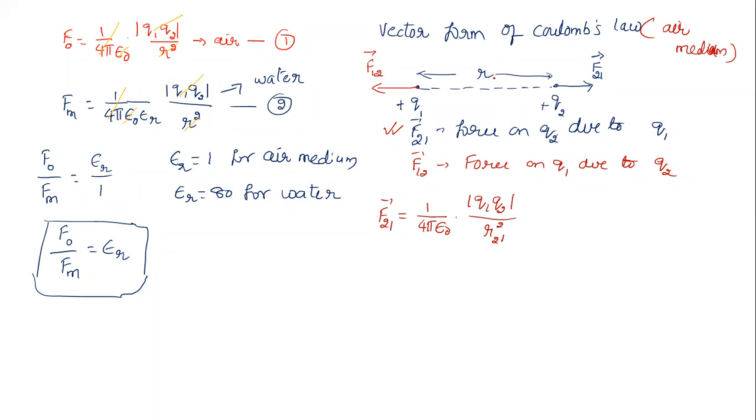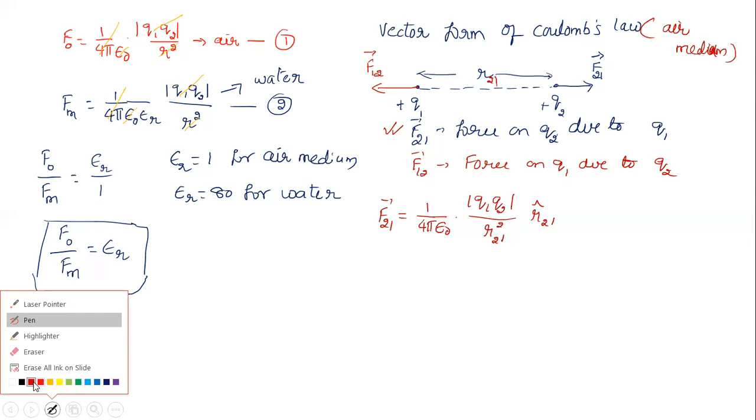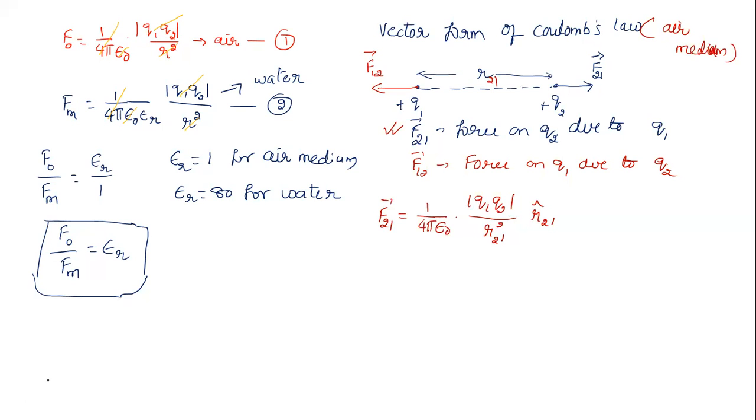into R21 cap. Here the question will come to mind: what is the actual meaning of R21 cap? We studied in the previous chapters, in first year, how to represent a vector. It must contain magnitude and direction. If I take any vector, let's say a vector, it is a magnitude value multiplied by direction.